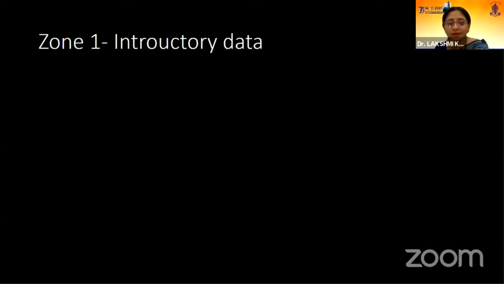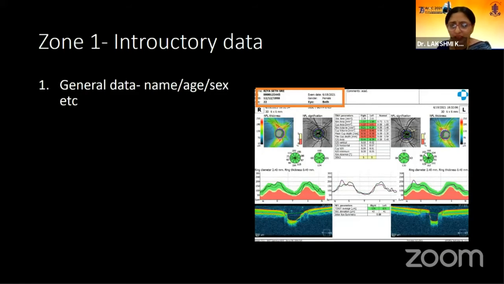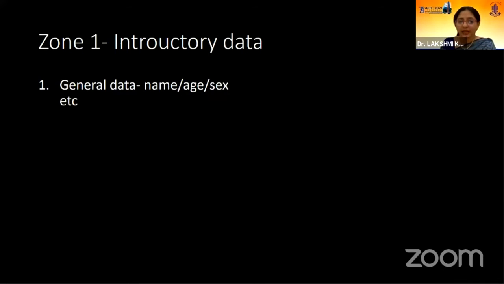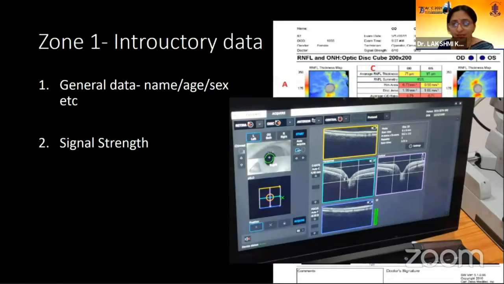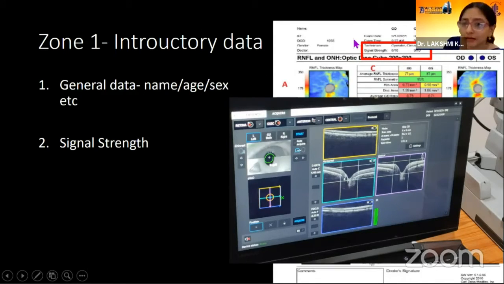Zone 1 is the introductory data. The age and sex part is more important because it compares the patient with the normative data. Then we have the signal strength, which is very important. Signal strength is displayed in the topmost portion of the printout in Cirrus OCT and Heidelberg and Avanti OCT.